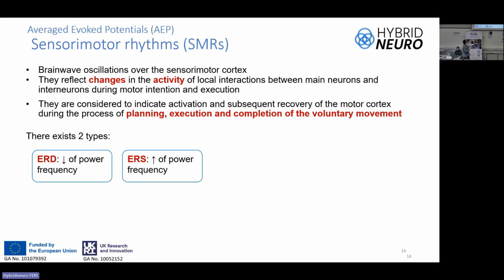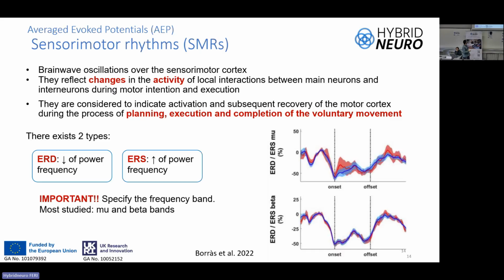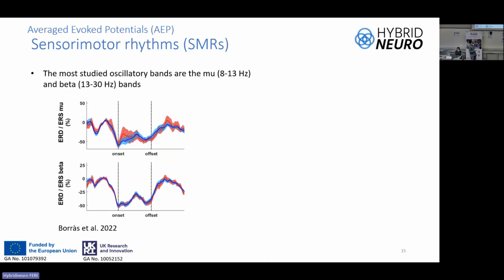The ERD is the desynchronization of the power in some frequencies, and the ERS is the synchronization of the power in some frequencies. It's very important to specify the frequency band where you are analyzing. The most studied frequency bands are the mu and the beta bands.